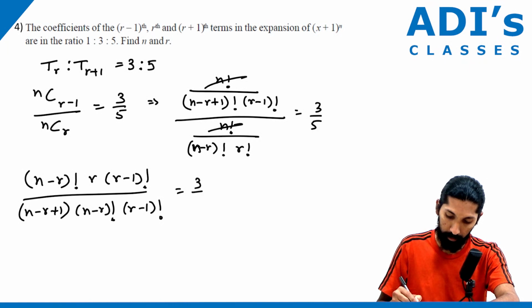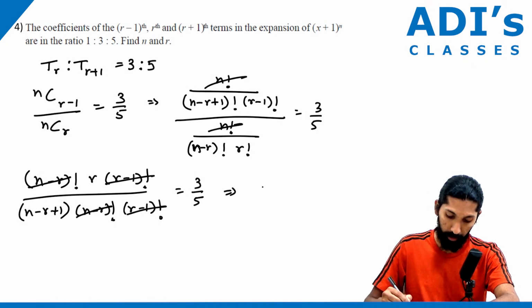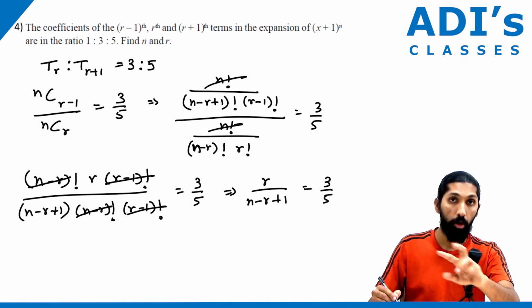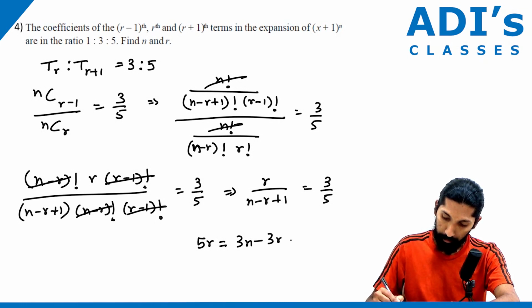This is equal to 3:5. Cancel, cancel. So, what do you get? You're going to get r by (n minus r plus 1) is equal to 3 by 5. Cross multiply. You're going to get 5r is equal to 3n minus 3r plus 3.